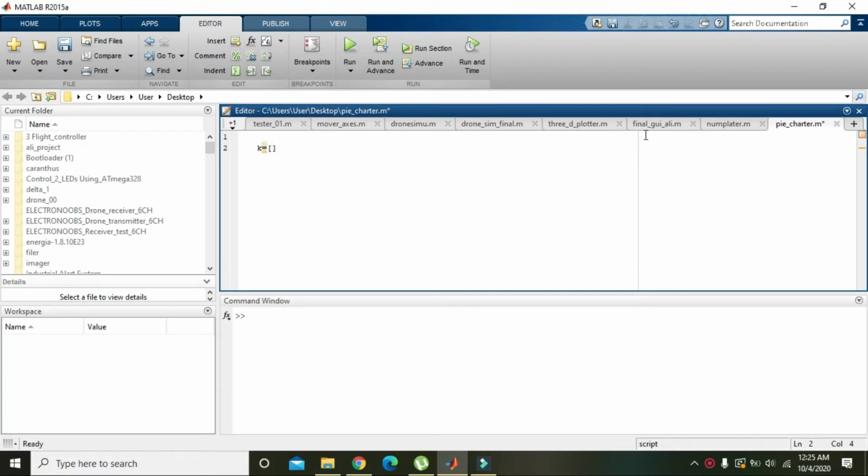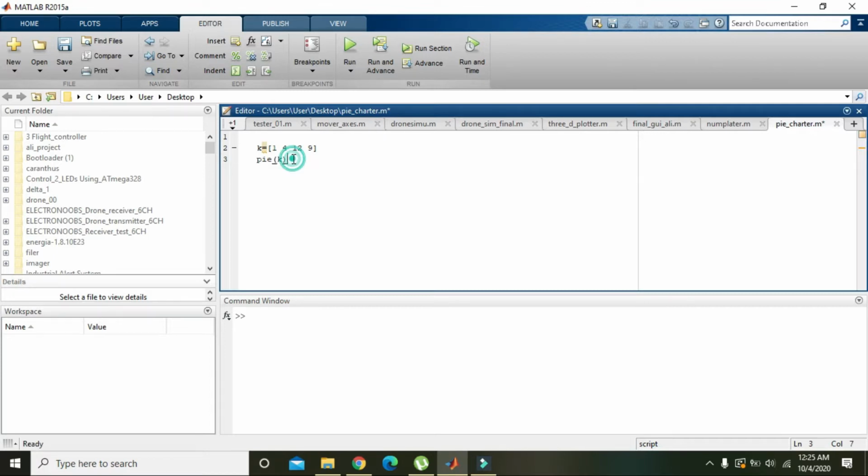You can write any random matrix like 1, 4, 12 and 9. Now we have 4 elements in this matrix k. In the next line, we need to write pie(k).